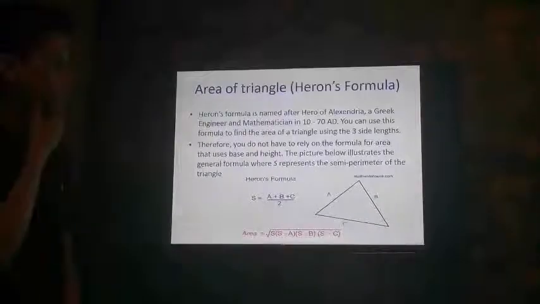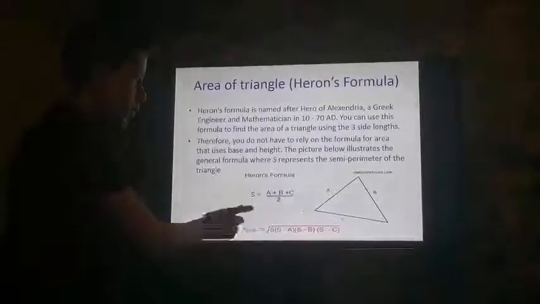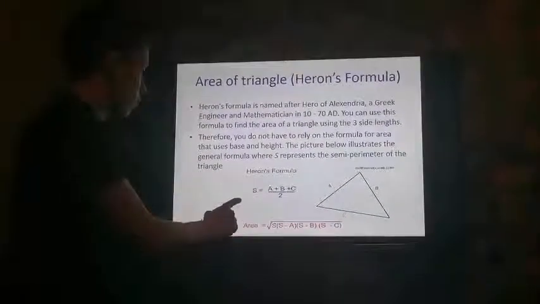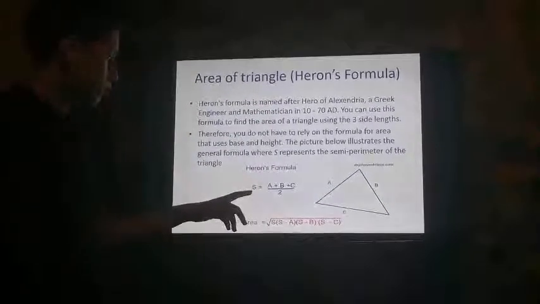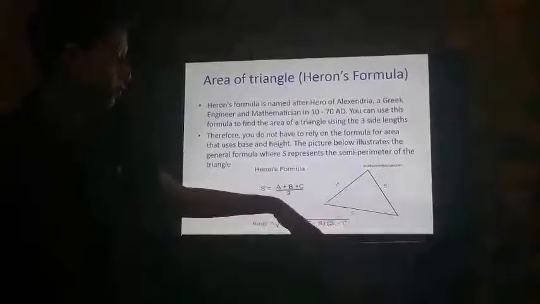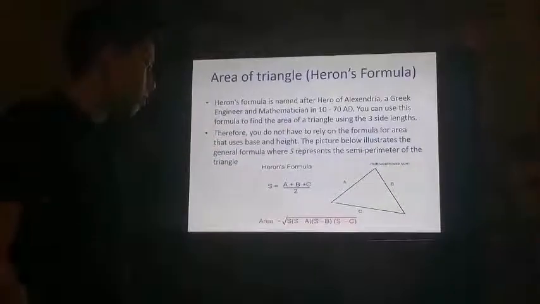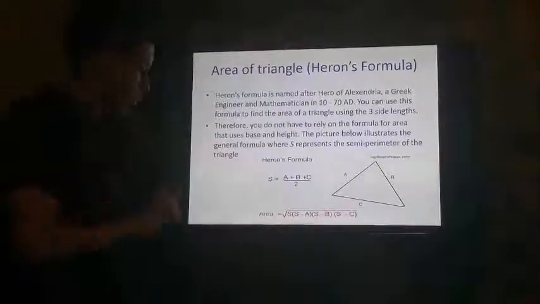The picture below illustrates the general formula where S represents the semi-perimeter of the triangle. Semi-perimeter of the triangle equals a plus b plus c, the 3 sides of the triangle, divided by 2. So you find the area with this formula.